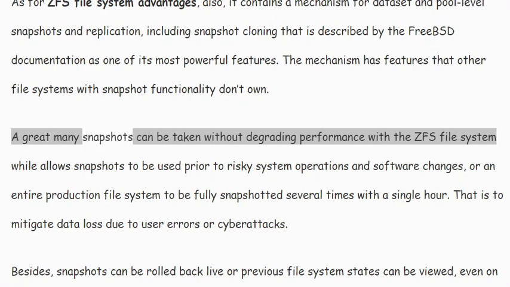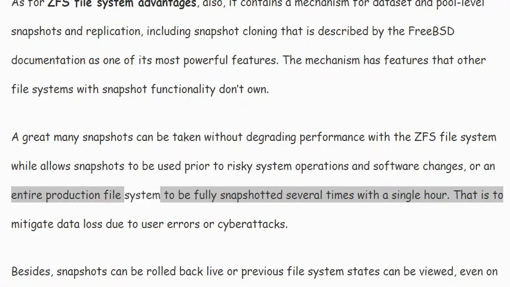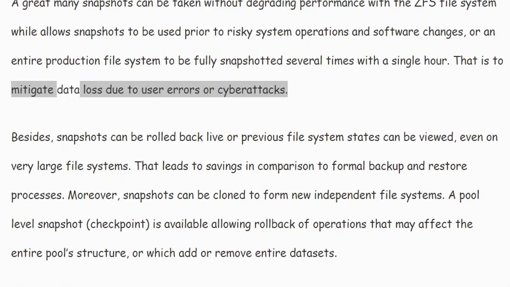A great many snapshots can be taken without degrading performance with the ZFS file system, which allows snapshots to be used prior to risky system operations and software changes, or an entire production file system to be fully snapshotted several times with a single command. That is to mitigate data loss due to user errors or cyber attacks.